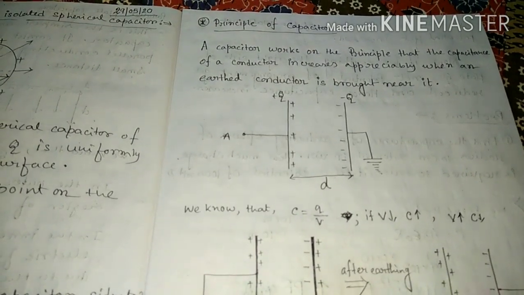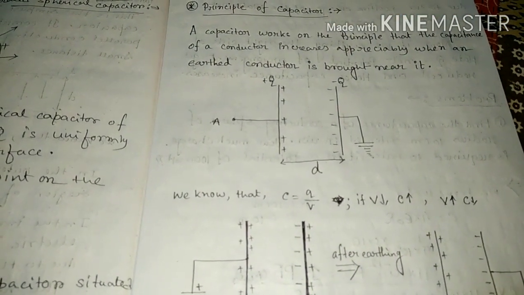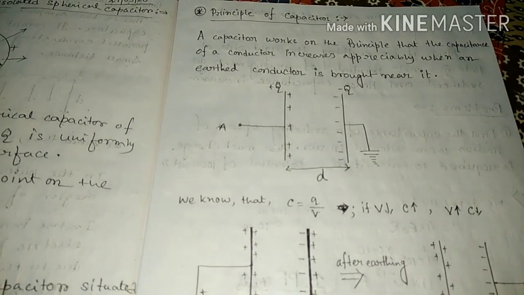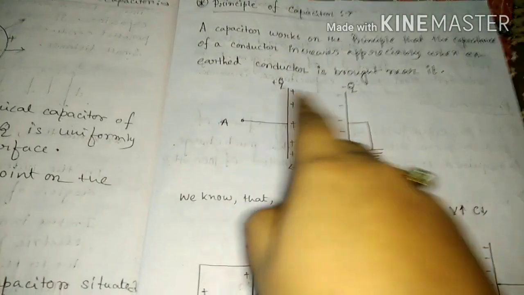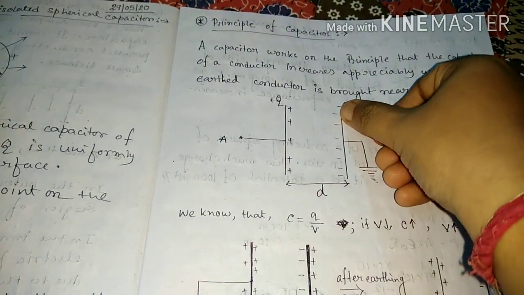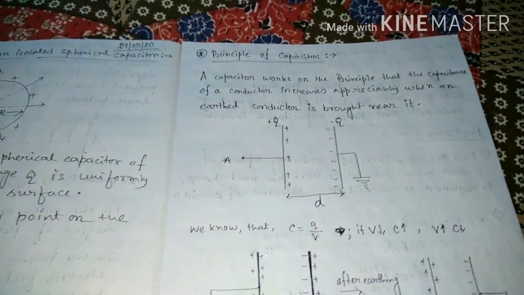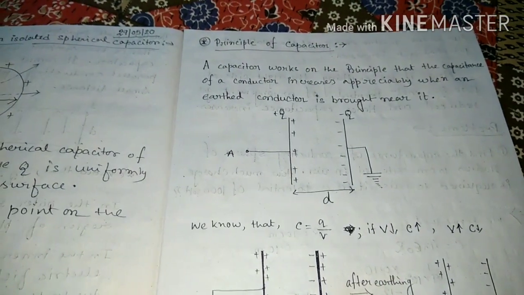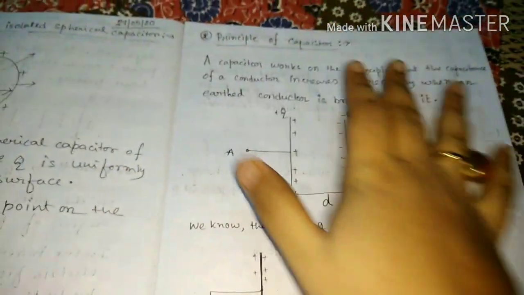One plate is charged, another one is uncharged, and one side of that second plate is earthed. If this side of the plate is earthed, then the charges induced in this plate all go to the ground, towards the earth. So this is the diagram for the principle of a capacitor.